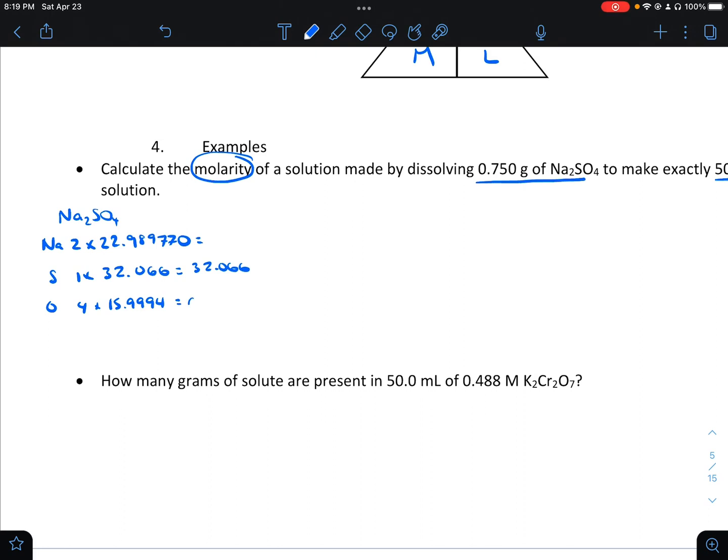And that's going to give us 63.9976. And then we have 45.97954. Notice how I have not yet rounded. All right, we saved the rounding for the very end.